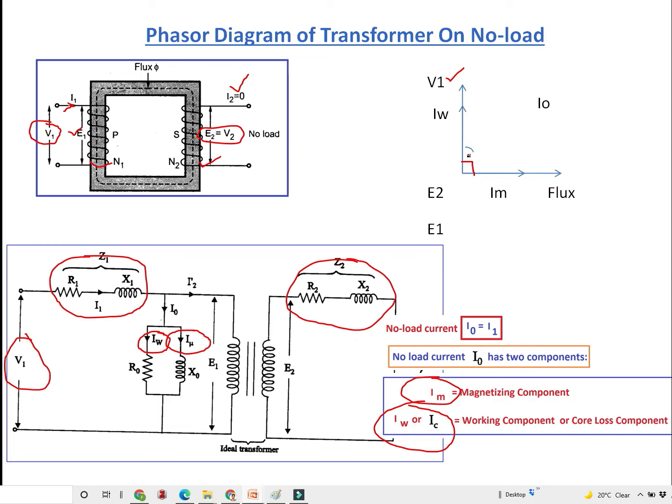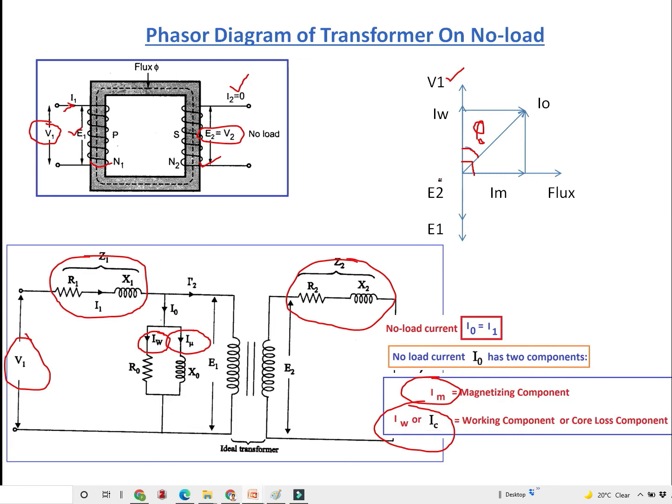With the help of the parallelogram, here we have a right angle triangle, so no need to go for the full parallelogram. The component parallel to IM I am drawing, and the component parallel to IW I am drawing, and the diagonal connecting these two is nothing but the vector addition of these two. So this line is I naught, correct, and the angle between these two is usually represented by phi naught, the no load power factor angle.